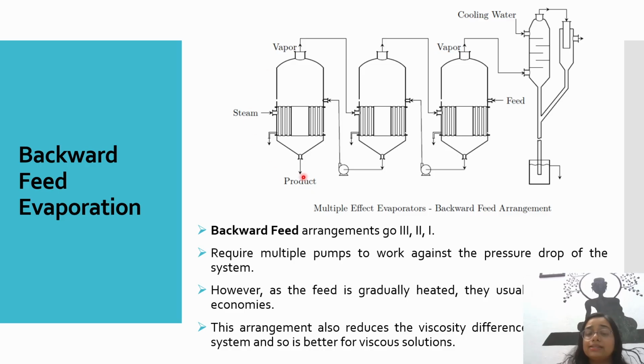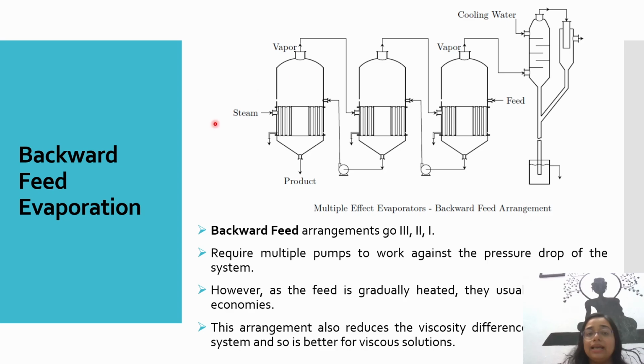So the effect of high viscosity will be counteracted to some extent. And the viscous feed is fed to the third effect, which has the lowest temperature, so temperature will not have a significant effect on the viscosity there. So for very viscous feed, we prefer the backward type of configuration.